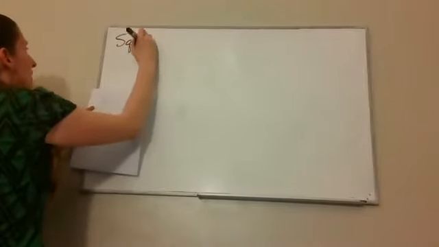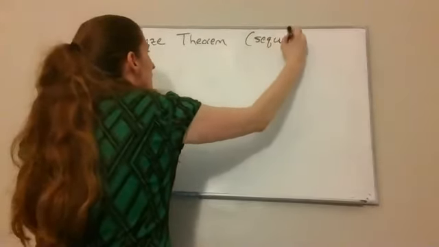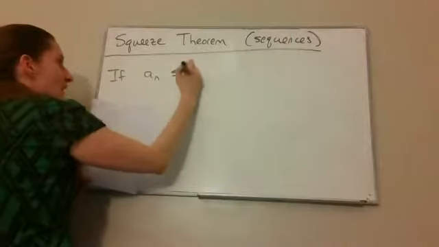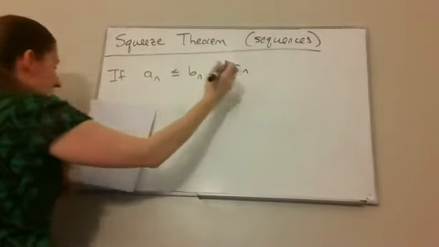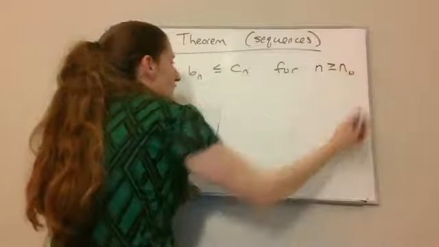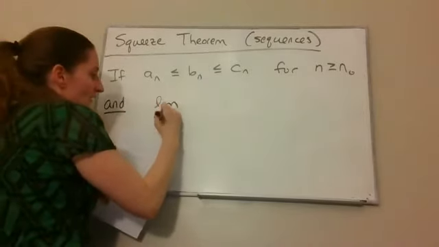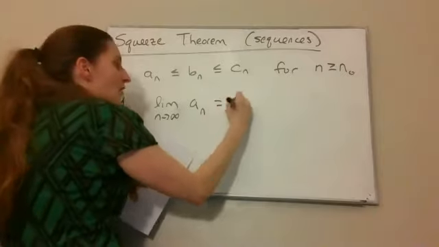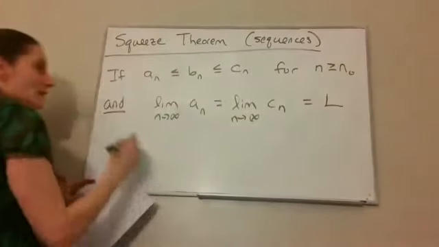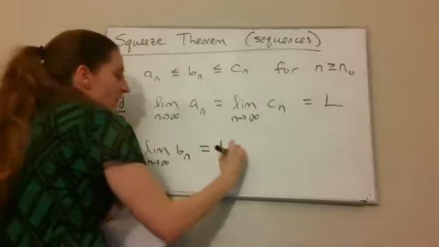So our squeeze theorem for sequences says that if a_n is less than or equal to b_n, which is less than or equal to c_n, for all n greater than or equal to some particular value of n, and if the limit as n approaches infinity of a_n equals the limit as n approaches infinity of c_n and is some number L, then the limit of the b_n is also L.